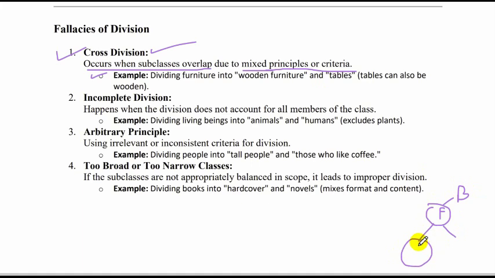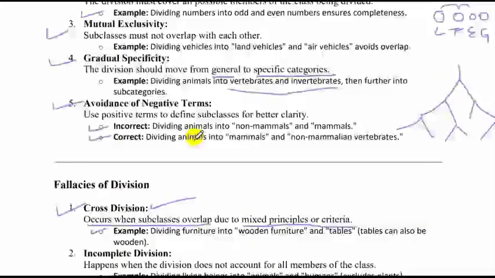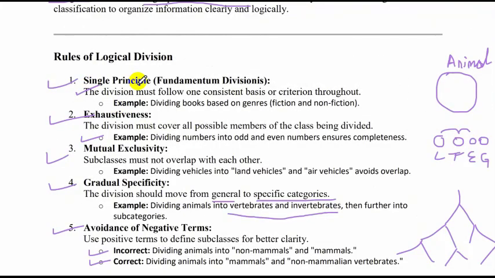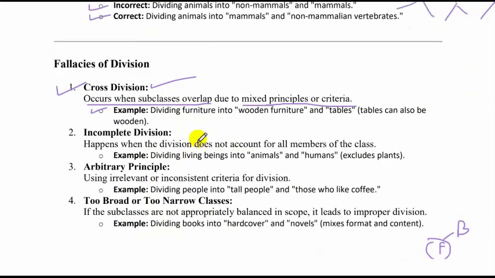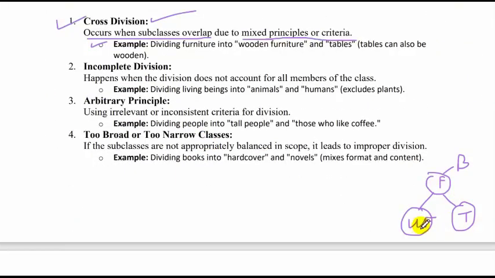We have divided into subclasses. One is table and one is wooden furniture. So what is happening is we have not followed the rule of single criteria or single principle or single basis for the division, and therefore we have 2 subclasses or subcategories in which they are overlapping.